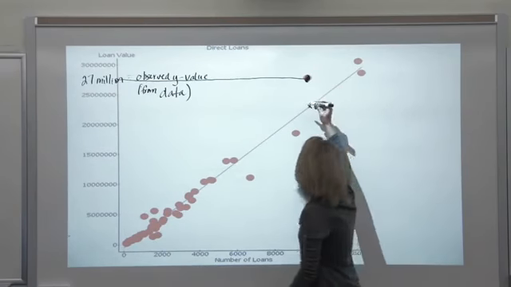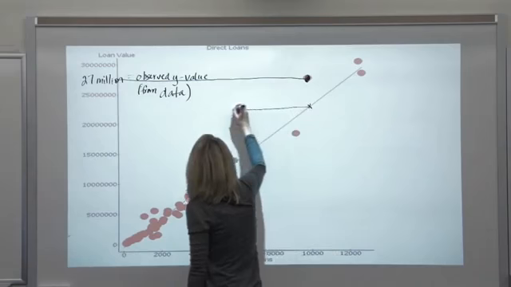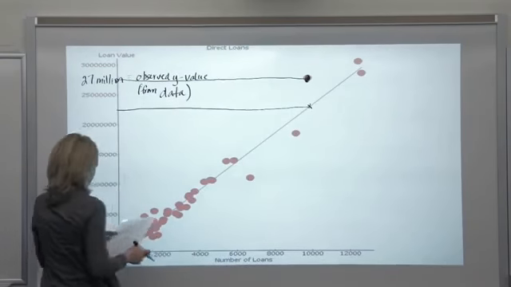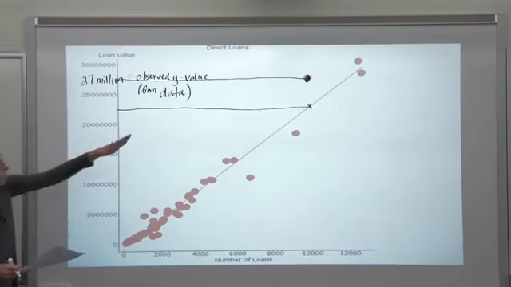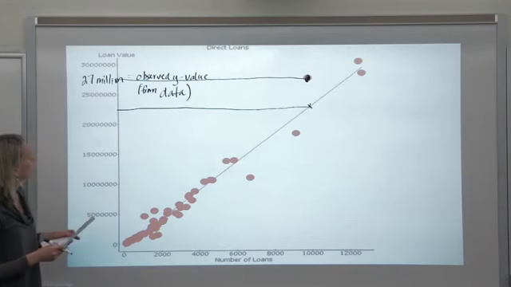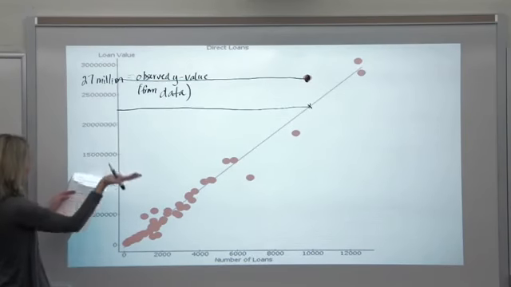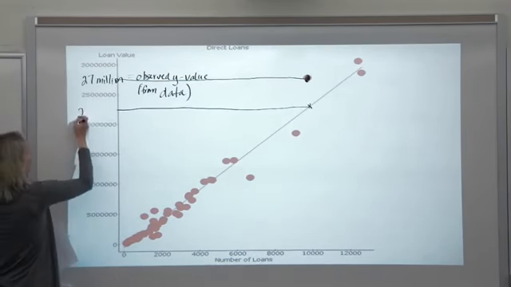So if I come over here and sort of eyeball this, the predicted value based on that regression line for that point is somewhere close to 22 million.